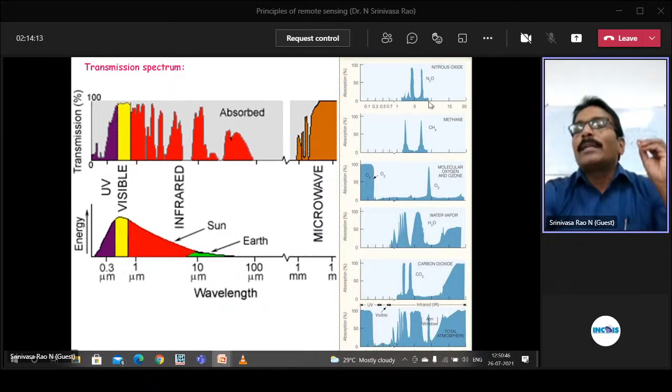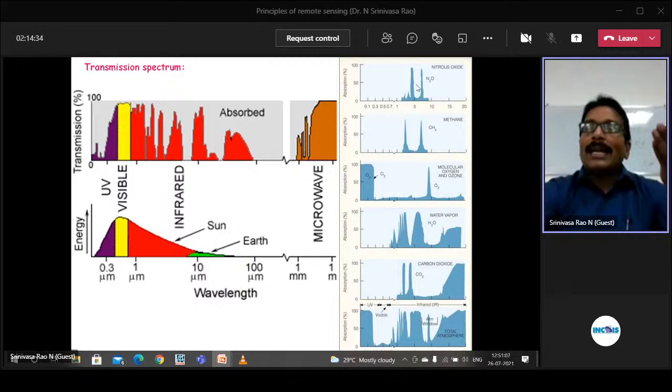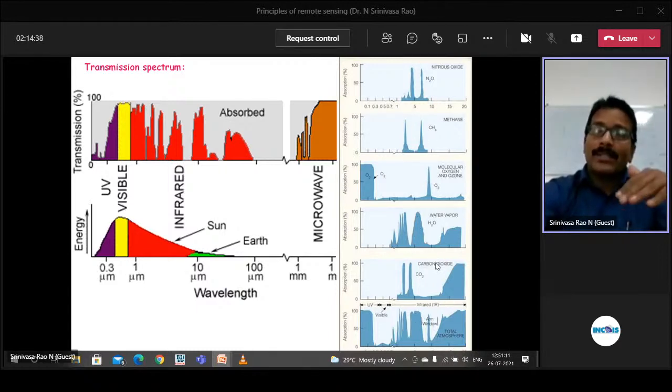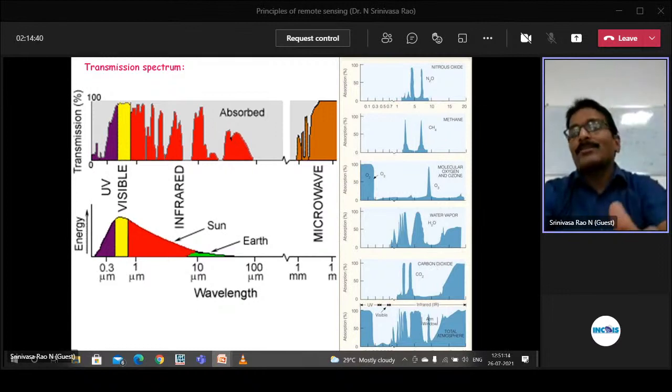Say 2 to 10 micrometers. Then this one is methane gas at particular wavelengths. O3 means ozone, at these particular wavelengths, like water vapor in the thermal region, carbon dioxide in the thermal region. That's why in thermal remote sensing, the gases play a role. During that time we will discuss again. This is the foundation.